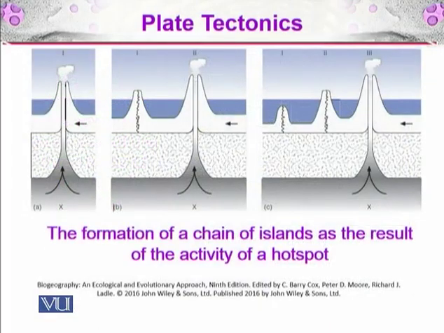The formation of a chain of islands as a result of the activity of a hotspot: there is much more volcanic eruption, and as a result of the eruption, due to the pressure from the inside, the crust is going out, and this results in the formation of islands. So what is a plateau?